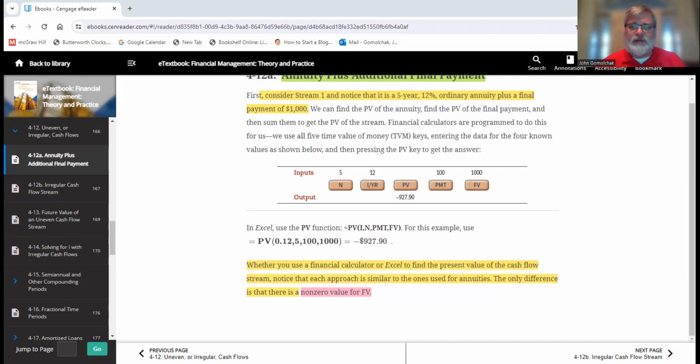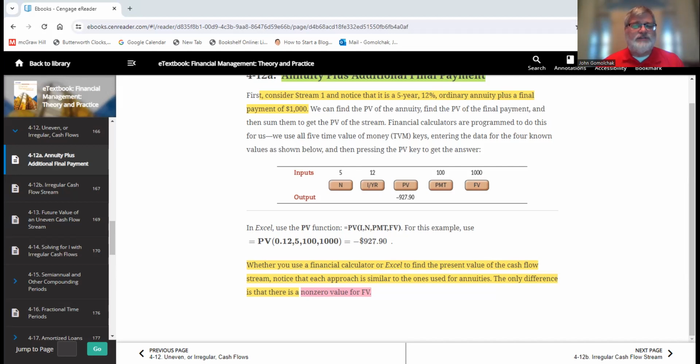Too small. I couldn't read it. Okay, rate 12%. Number of periods 5. Payment 100. The future value means that we're going to get that $1,000 at the end of period 5. Okay, and this is an annuity, a regular annuity, or bond, so it looks a lot like a regular annuity.